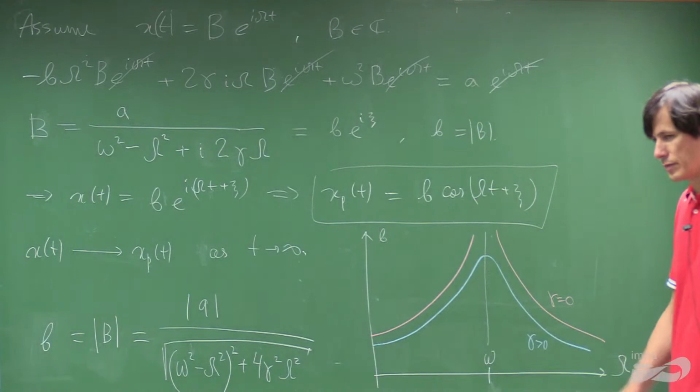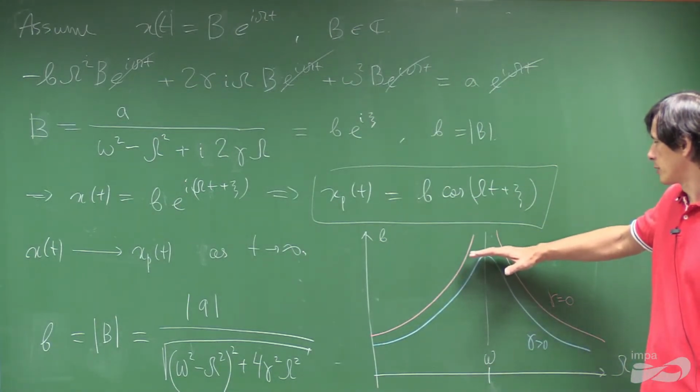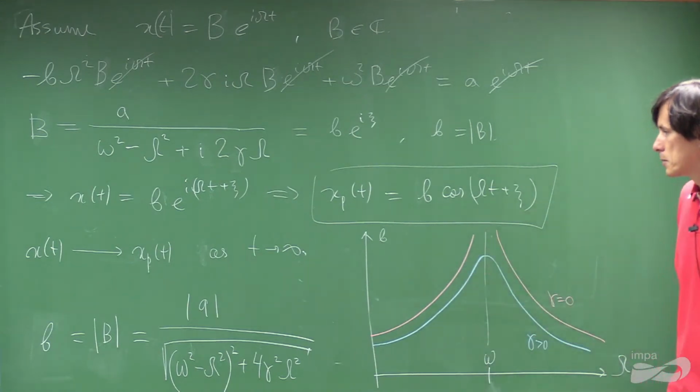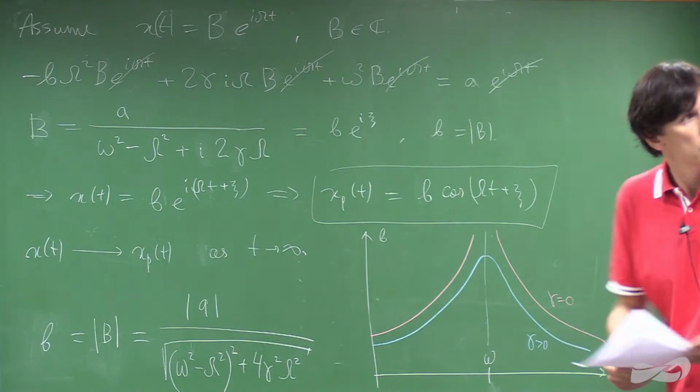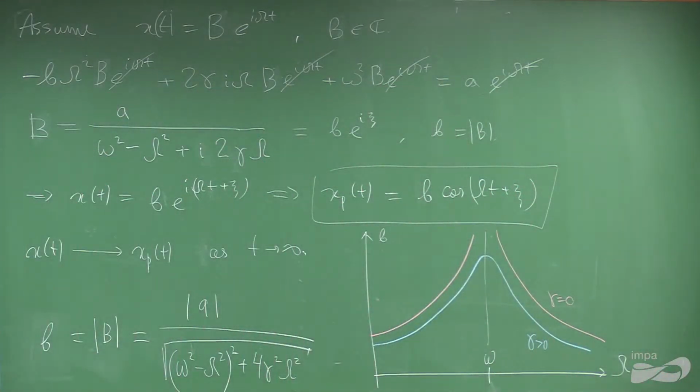It is limited by dissipation, because whenever the amplitude becomes very large, dissipation also becomes large, and it starts to compensate the work done by the force. So this is what we have with a simple oscillator. Now let's generalize it a little bit and then we continue.